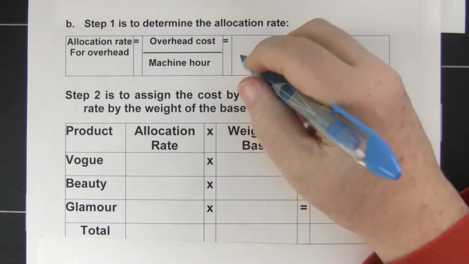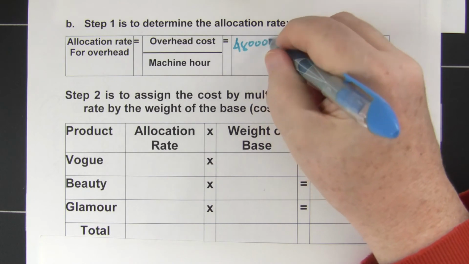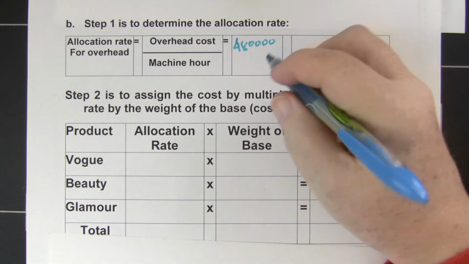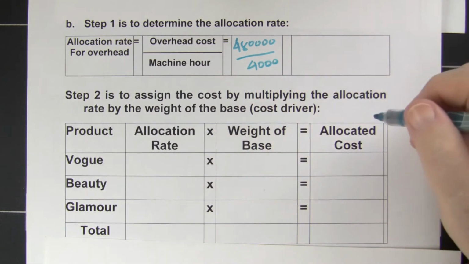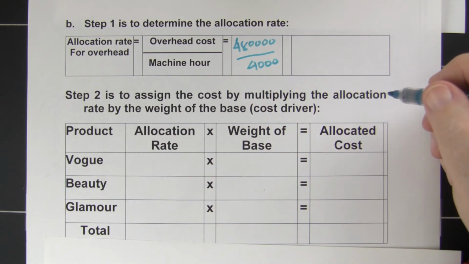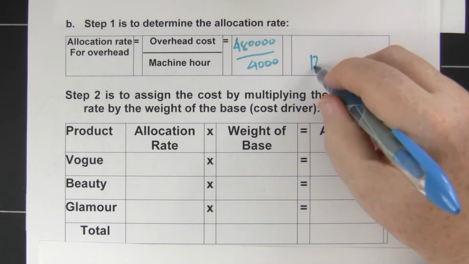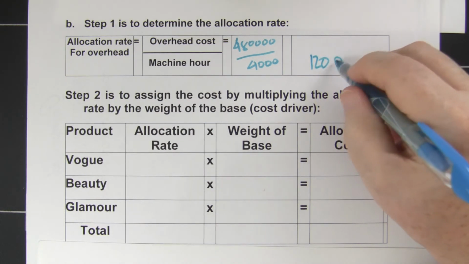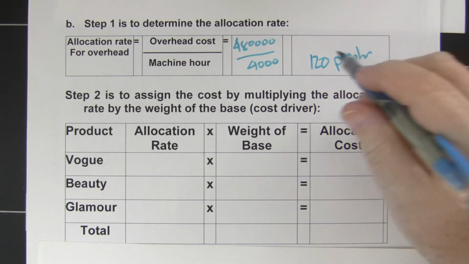So, we still have the overhead cost of $480,000. But now we have 4,000 machine hours. So we divide the 480,000 by the 4,000 machine hours. We come up with $120 per machine hour.